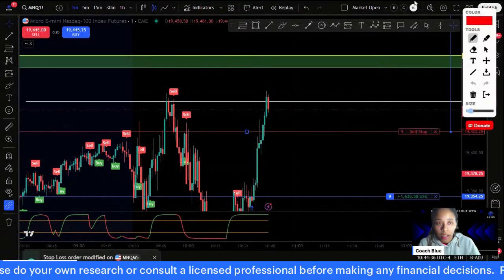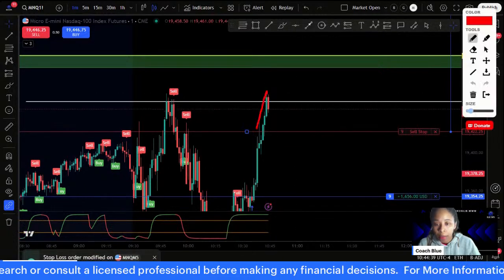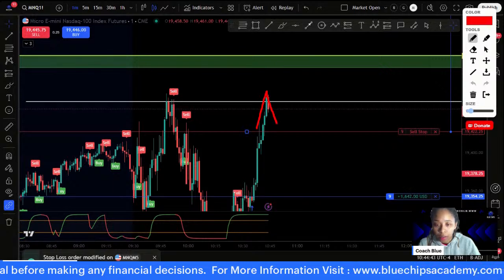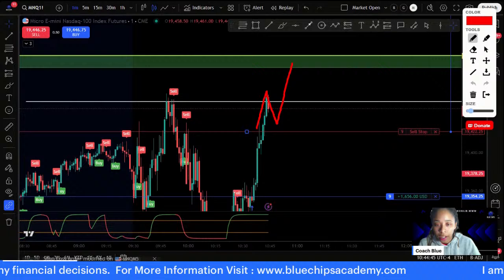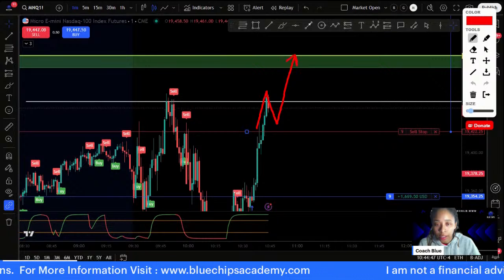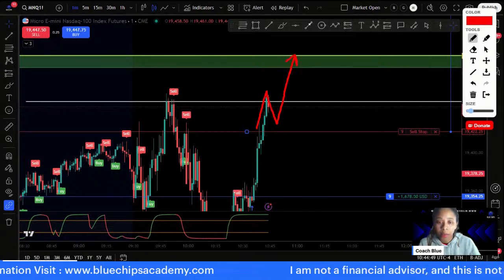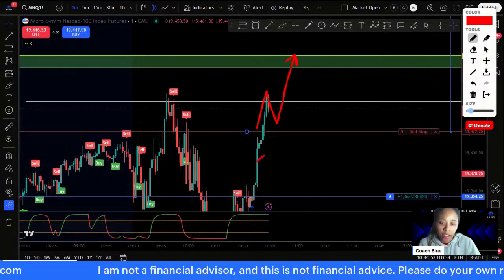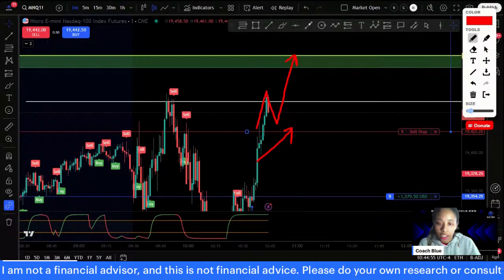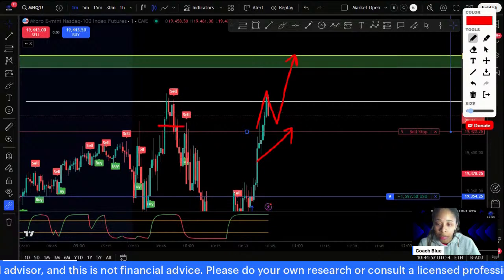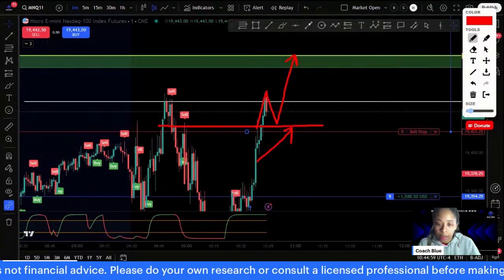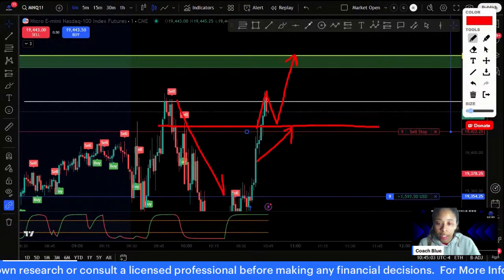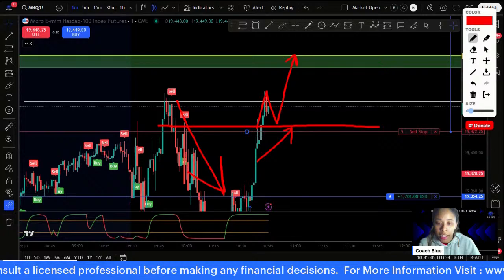But if price comes down here, finds support, and then we get an engulfing candle to possibly go to the top of this range, that would be a good move. Then I would stay in the trade. So you notice how my stop loss is right beneath the next level of support. Because if it breaks that support, then we're probably getting a reversal like we did in the past and price goes to the downside.